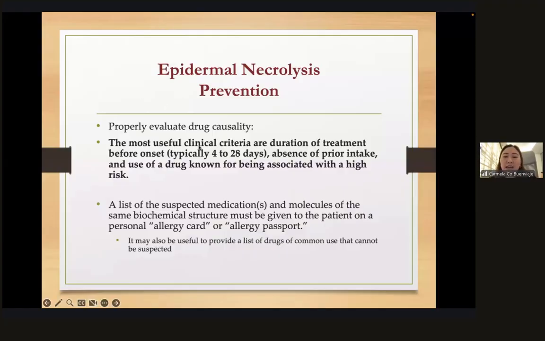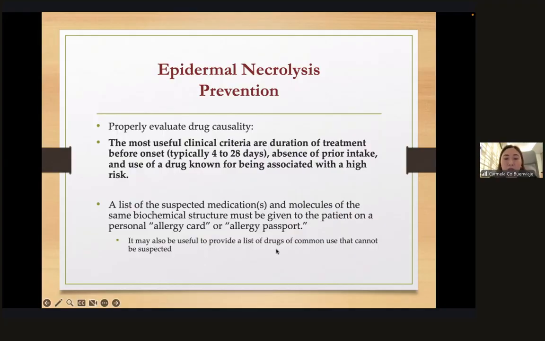Okay, so this is just a guide again on how to identify suspected drugs. So a list of the suspected medications and the molecules of the same biochemical structure must be given to the patient on a personal allergy card or allergy passport so that the patient would know and the future physicians of the patient would also be aware.